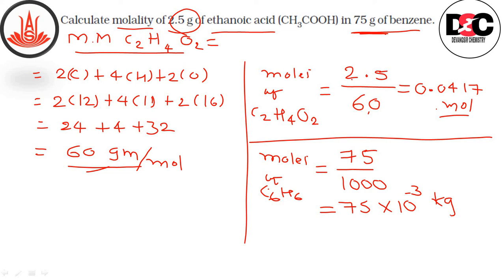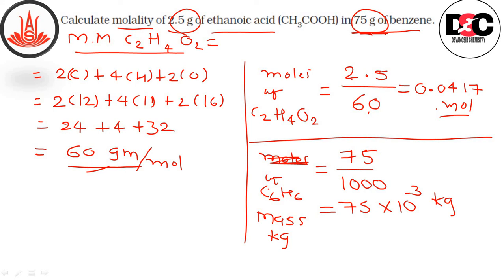Okay, that is mass of benzene. Sorry, not the moles, this would be the mass of benzene in kilogram. Why? Because they have given it in gram, very simple, so we have converted gram into kilogram.